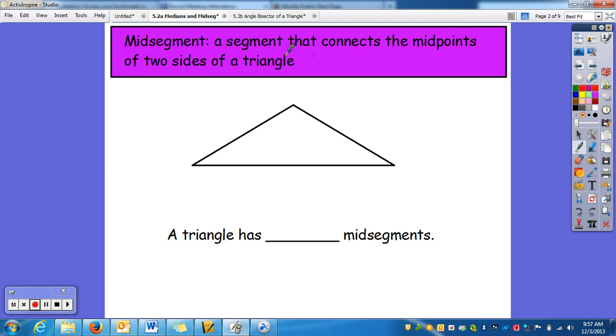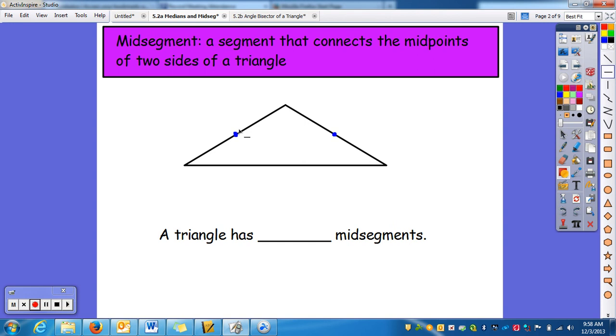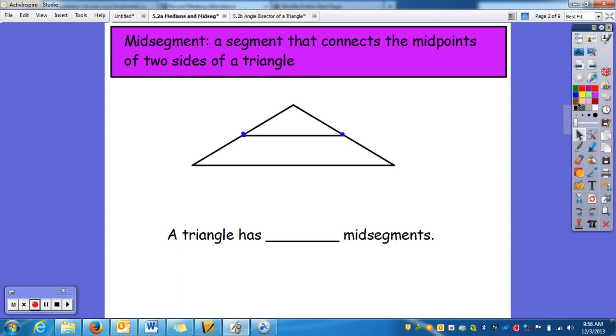Alright. So a midsegment. The midsegment is a segment that connects the midpoints of 2 sides of the triangle. So to draw a midsegment, you have the midpoints here, and then you connect the 2. And what I just drew is a midsegment. Now, down below, I ask how many midsegments does a triangle have?